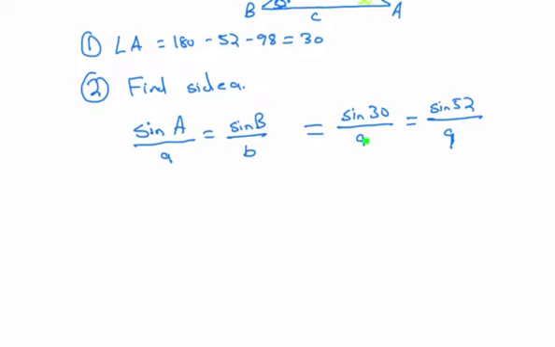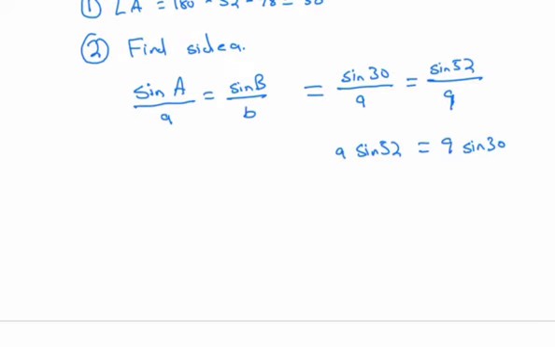Actually, I'm going to go in this direction. We're going to have A times the sine of 52, and that's going to equal 9 sine of 30. So in my next step, I'm going to divide both sides by sine of 52, and then I'll have this isolated for A. So A is going to equal 9 sine of 30 divided by the sine of 52.